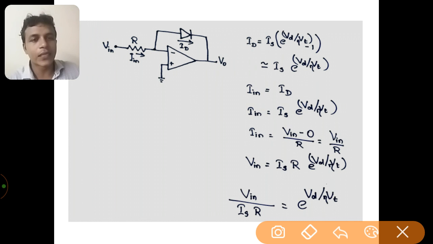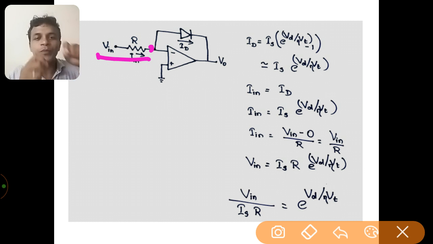When signal Vin is given as the input to the operational amplifier, the current generated by this Vin is termed Iin. That current Iin passes through this resistor, and after reaching this node there is a chance for it to get divided into two branches: one into the operational amplifier and another through the feedback path.